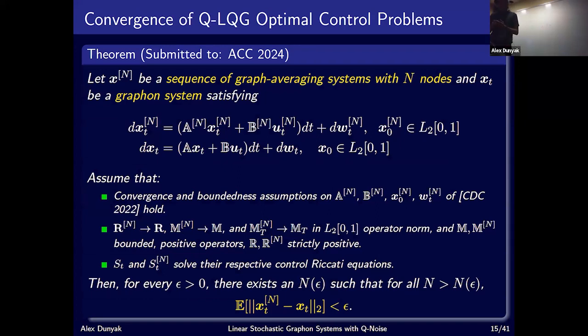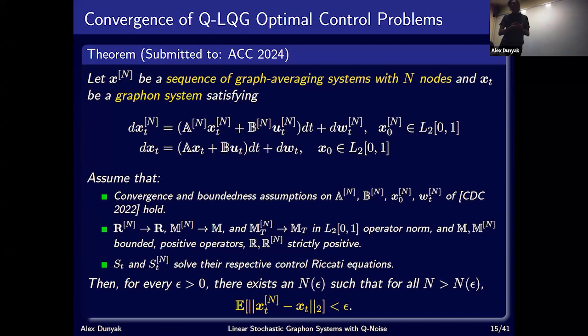What we're interested in is proving that the graph averaging system indeed converges to the graphon system in the limit, and this is a theorem that we've submitted to the American Control Conference in 2024.